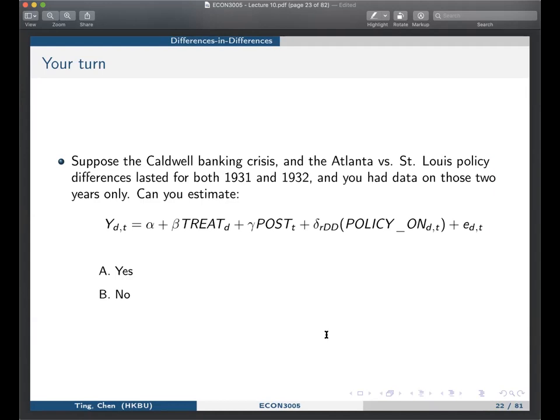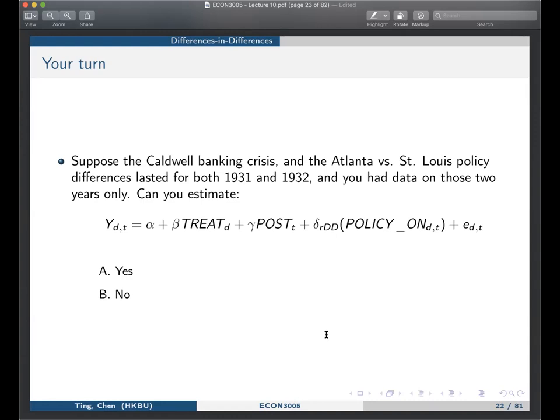Okay. So the policy difference lasts for both periods, and you only have data for these 2 periods, meaning that you don't have a pre-period when the policy didn't apply. You don't have the pre-period for the treatment group in this case. So no, we cannot estimate.